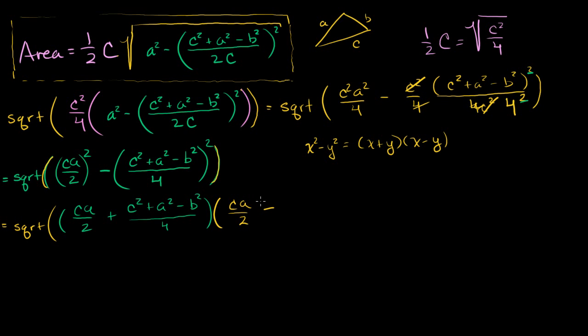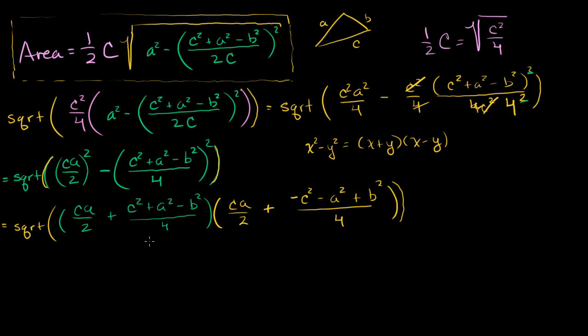Or even better, let me just say plus, and then write the negative: plus minus c squared minus a squared plus b squared, all of that over 4. All I did here is the same thing as this plus this, times this minus this, where I just said plus the negative of this.